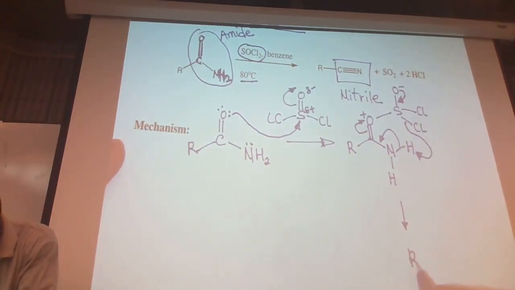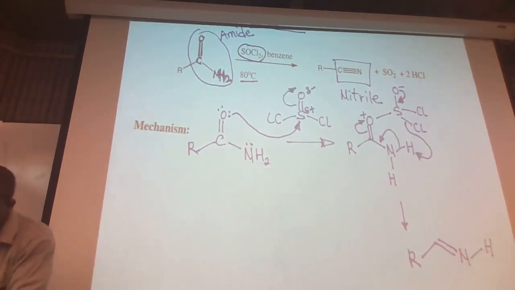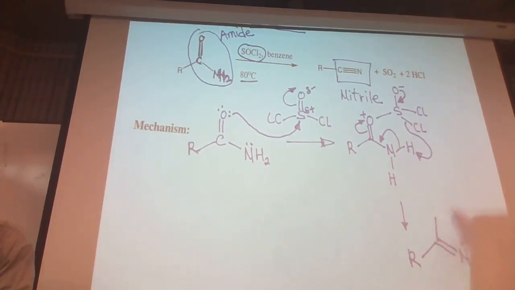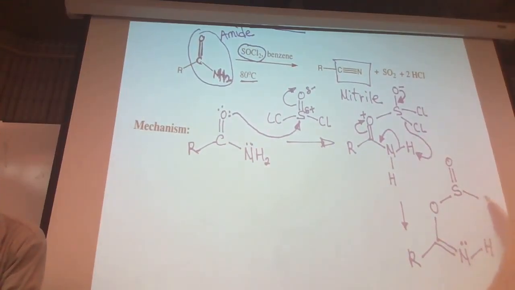So you'll have a double bond here. This nitrogen has one hydrogen left. This is now oxygen bonded to the sulfur which has a double bond with oxygen, and you have one chlorine left.